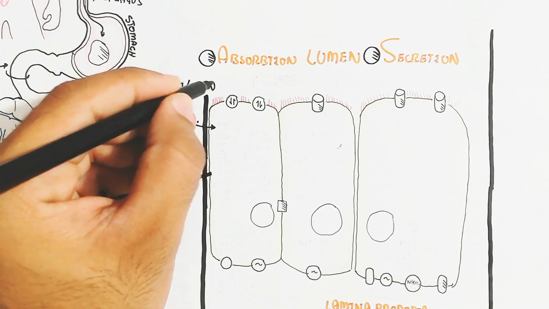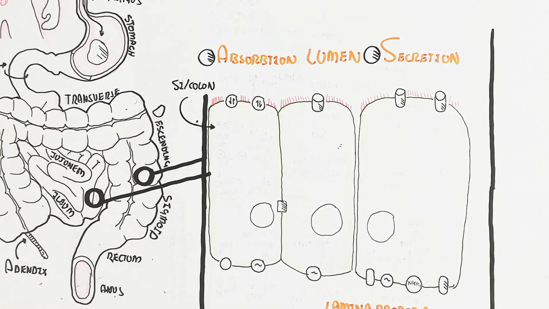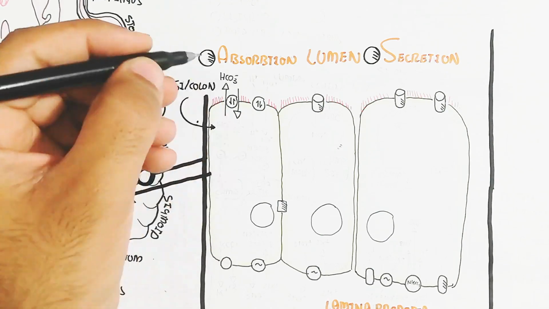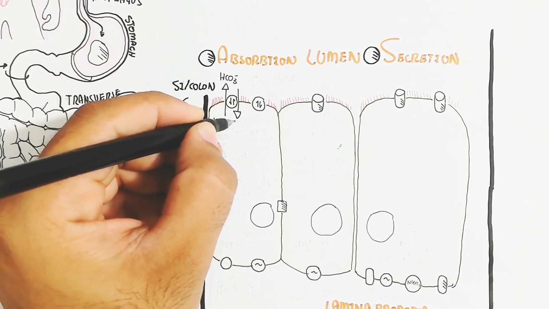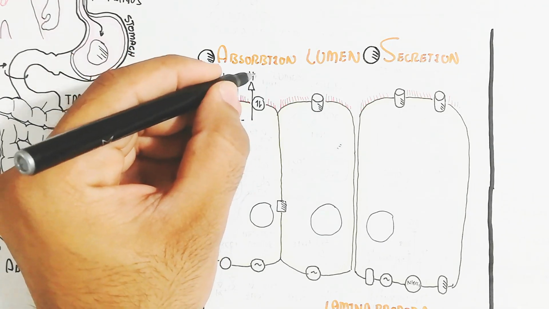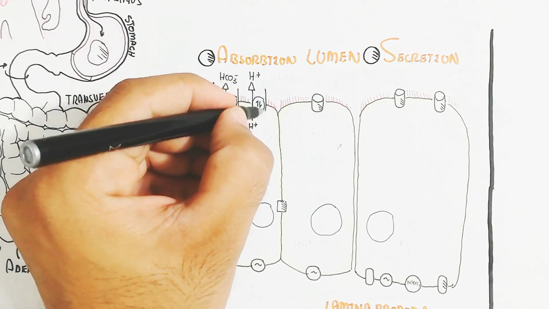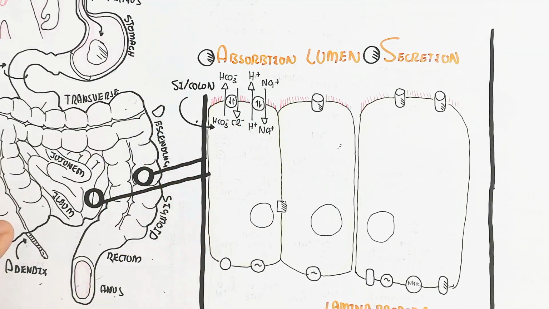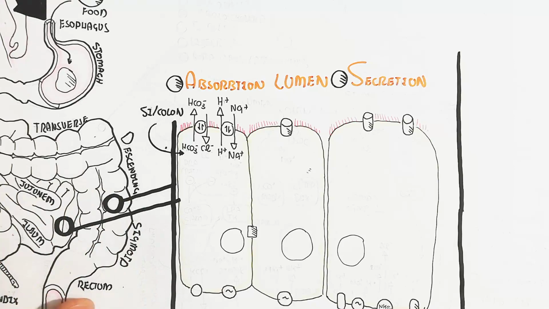Remember, this epithelial cell renews within 3 days. This is the bicarbonate and chloride exchange through the PAT1 channel, and on the other hand, the sodium proton exchanger exchanges the proton with the sodium moving inside.